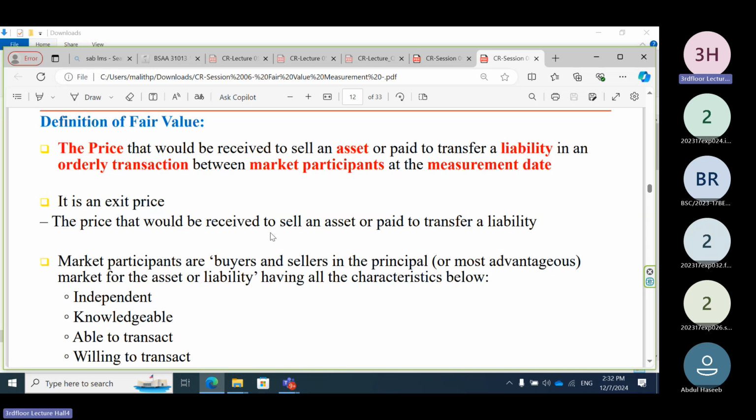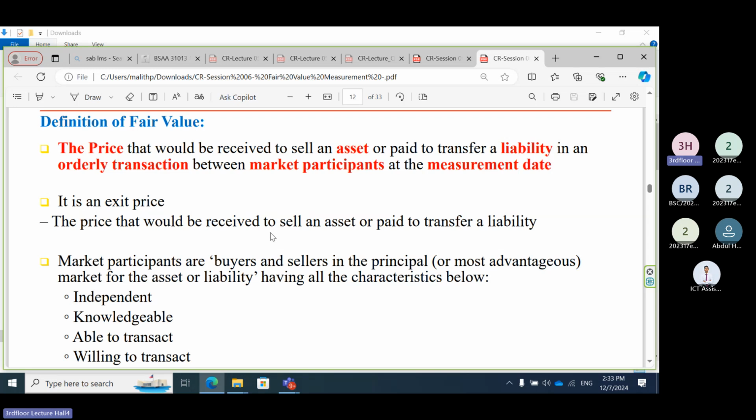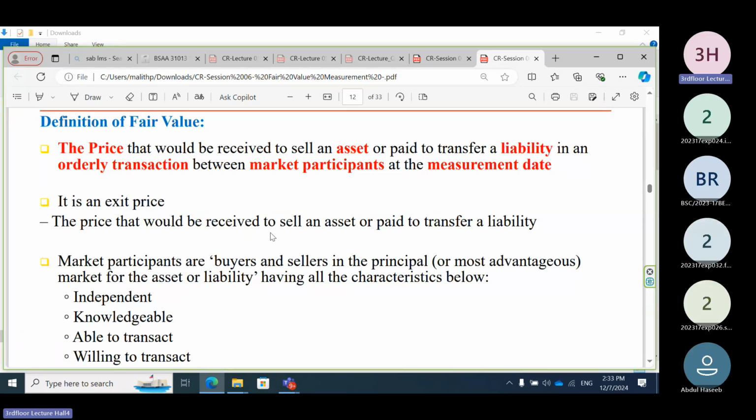We are not willing to buy a vehicle, but situationally, we are planning to get one. Because of that, you are not interested to pay the fair value. You don't have the interest to do the transaction. Another factor will impact the transaction. The transaction should be a pure, genuine transaction, and the price should reflect your interest. That is called the fair value.